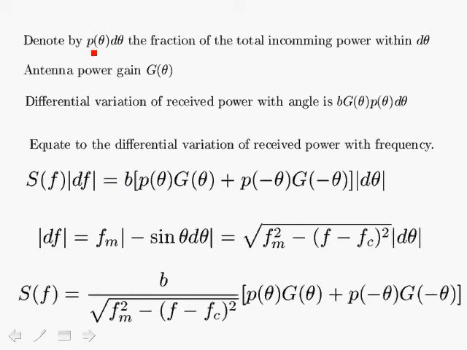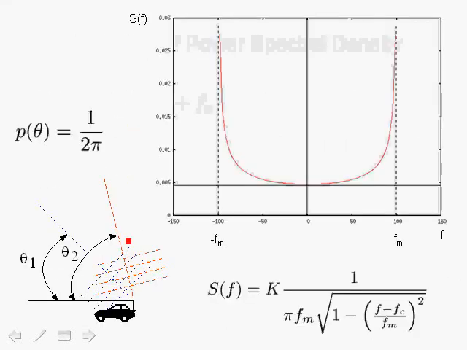Now, if p of theta is the probability density function of the arrival angle, then p of theta times d theta is a fraction of the total incoming power within an angle of d theta. So if we go back to the antenna here, then within a small angle d theta, the probability density function of the angles times d theta would be the amount of power that is received within the small angle d theta.